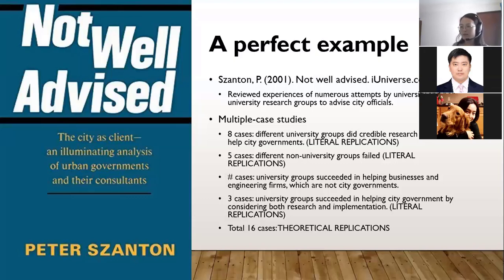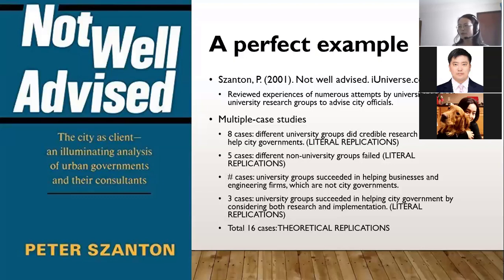And for the third one, I don't know the number of cases, because the case study research book didn't say, it only says the third group of cases. So I use this symbol here. The third group of cases is university groups. They succeeded in helping other sectors like businesses and engineering firms, but not city government officers.